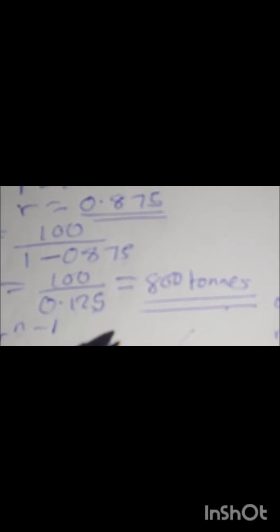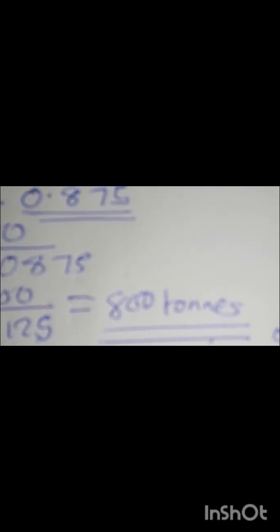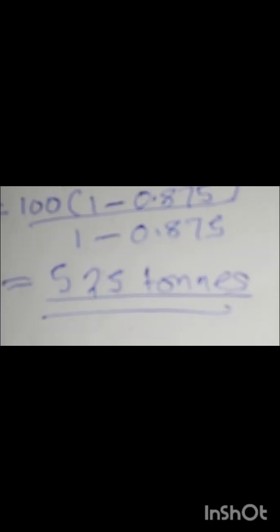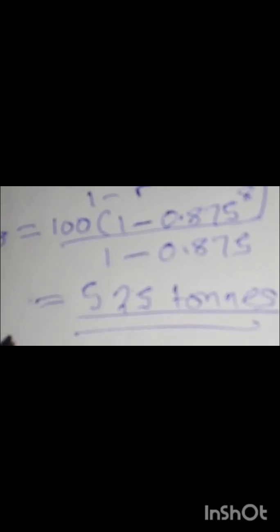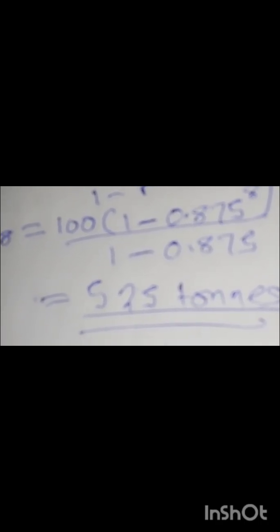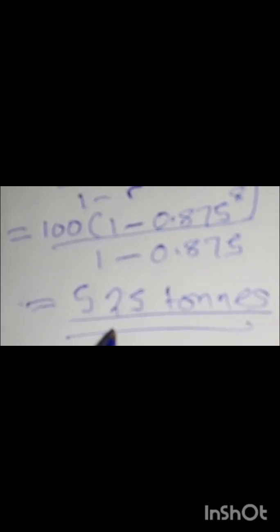At B, we found the company could close after 8 years. Then at C, by the time the company will be closing in 8 years, they can extract only 525 tons. So the maximum is 800 tons, and out of 800 they only extracted 525.